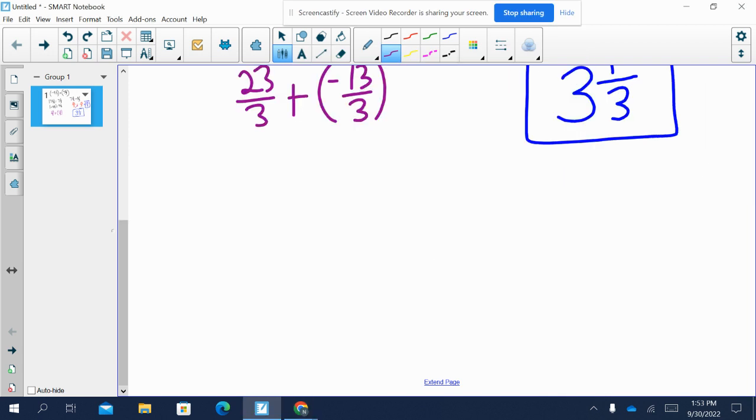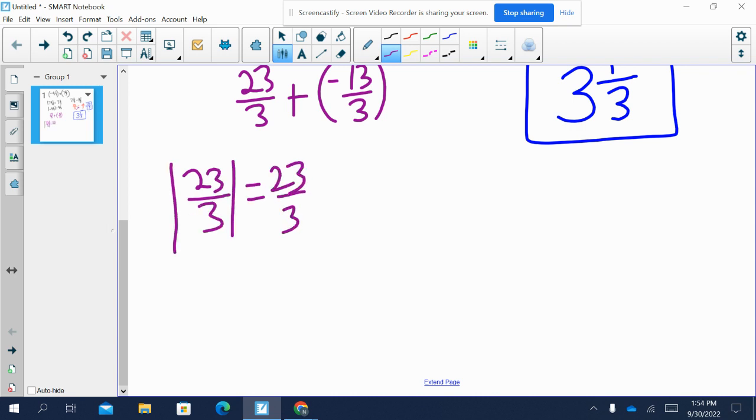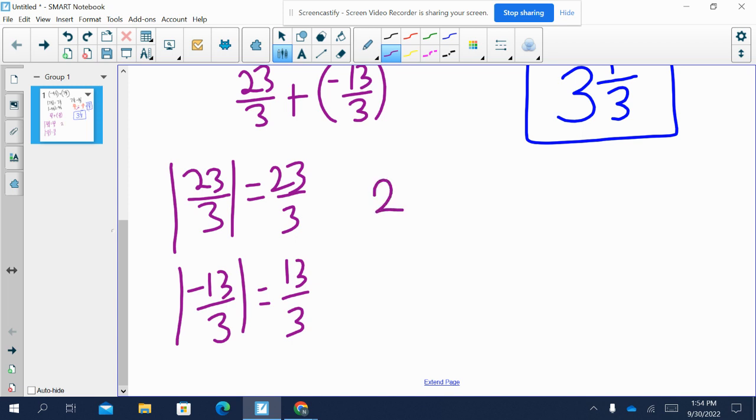That means I'm going to take the absolute value of 23 over 3, which is 23 over 3, and the absolute value of 13 over 3, which is 13 over 3, and I'll subtract, because one's negative and one's technically positive. 23 over 3 minus 13 over 3, I get the same thing.